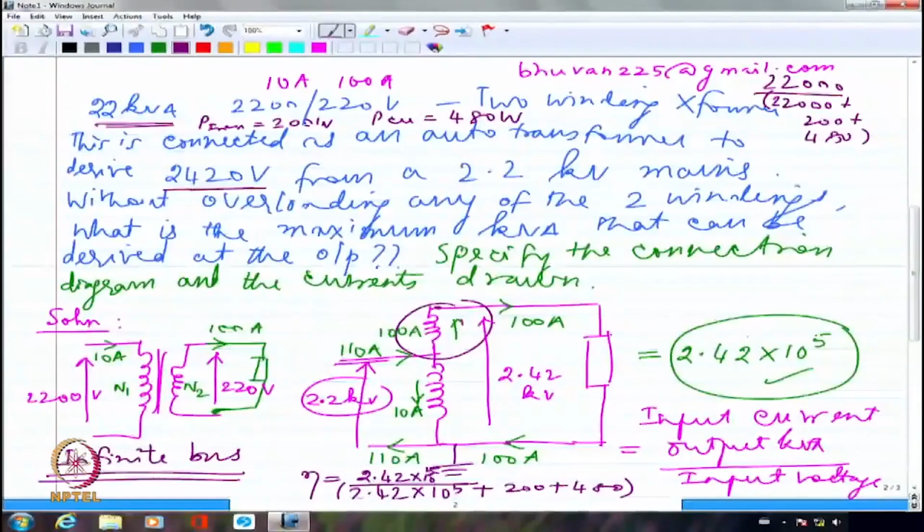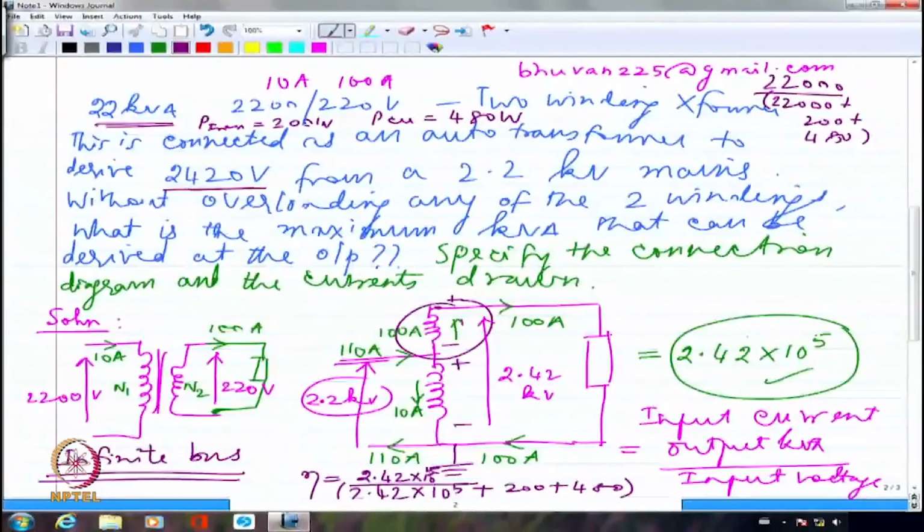Or, if you don't have the tap, you can have it in such a way that, in this case, if I say this is minus, this is plus, this is minus, this is plus, they are all in series addition. It's all AC. I'm talking about at this instant, instantaneously. So they are coming in series addition.